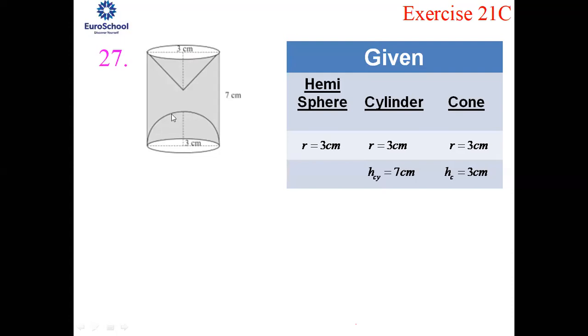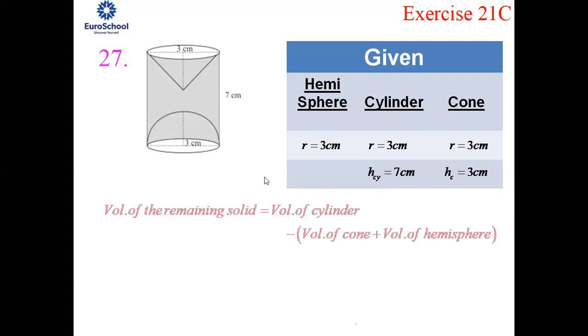Because your cylinder is a bigger one, and from that a part of the cylinder is your cone, which is being scooped out, and a part of the cylinder is the hemisphere, which is again scooped out. So these volumes are going to be smaller than the volume of the cylinder. So the volume of the remaining solid will be equal to the volume of cylinder minus the volume of cone plus volume of hemisphere. Or else, if you're not putting this bracket, it should be volume of cylinder minus volume of cone minus volume of hemisphere.